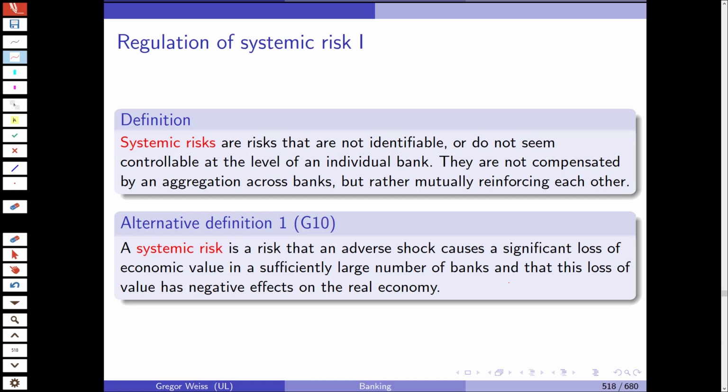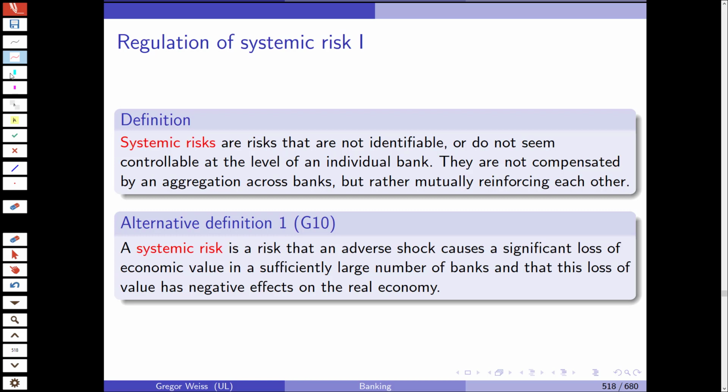The first of some alternative definitions is the one given by the G10. Systemic risk is a risk that an adverse shock to the financial system, to the banking system, causes a significant loss of economic value in a sufficiently large number of banks, and now this is important, and that this loss of value has negative side effects on the real economy.